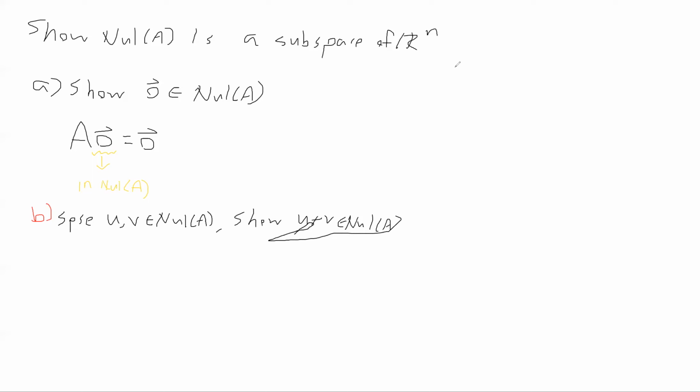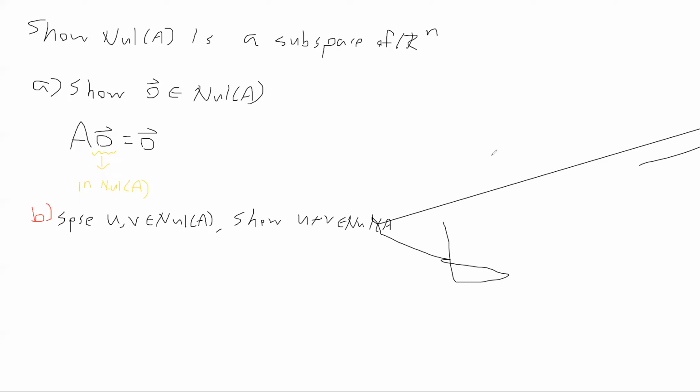Here we are assuming that u and v are two vectors in the null space of A already.